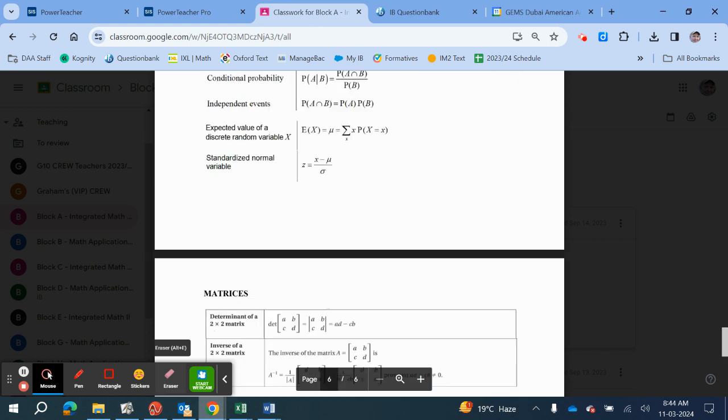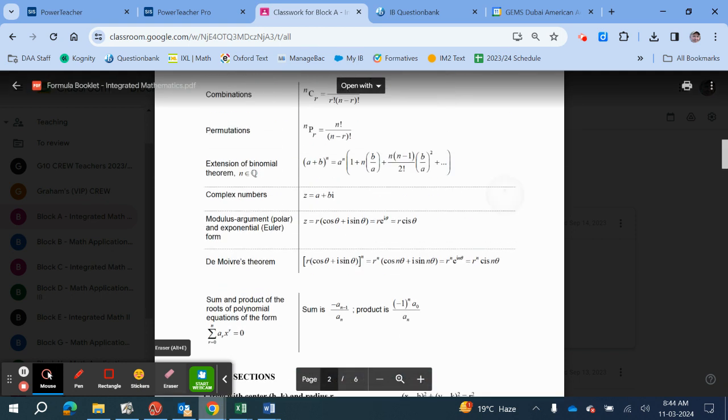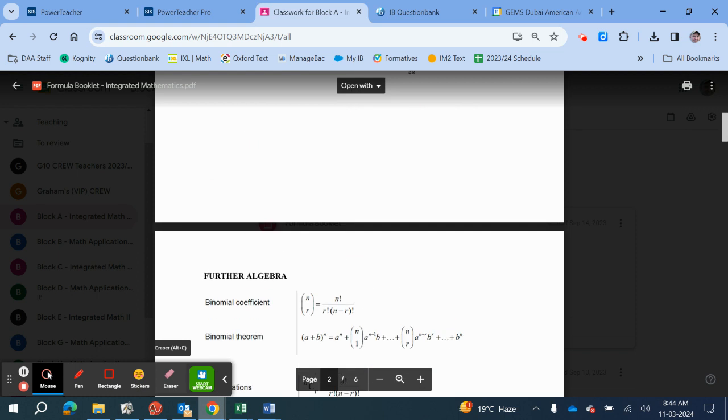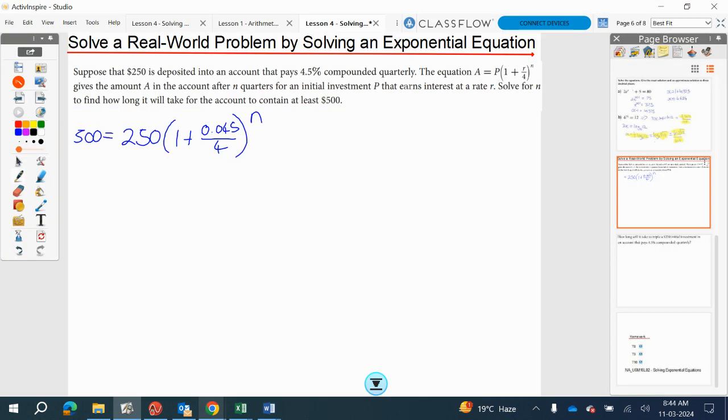No. All right, so what we can do first is divide both sides by 250. That's going to give us 2 is equal to 1 plus 0.045 over 4, to the n.